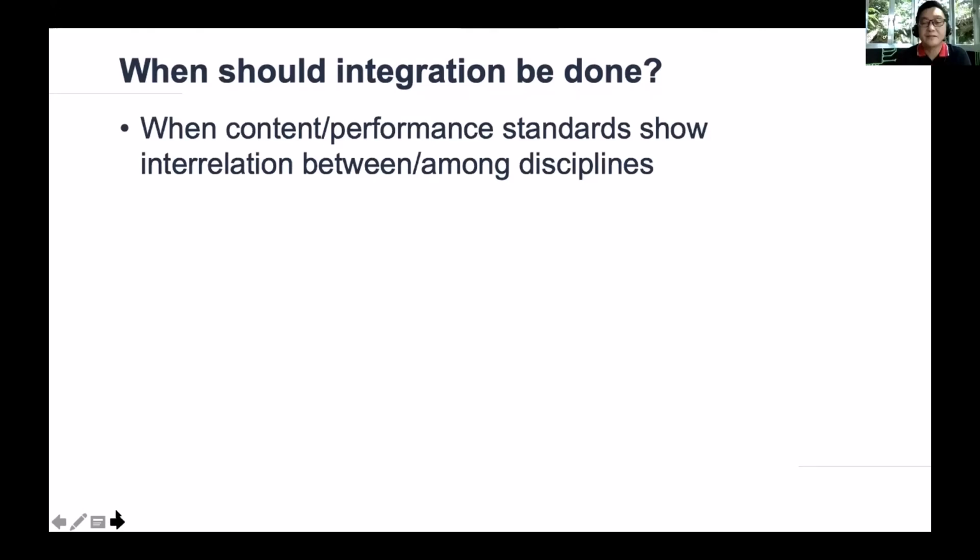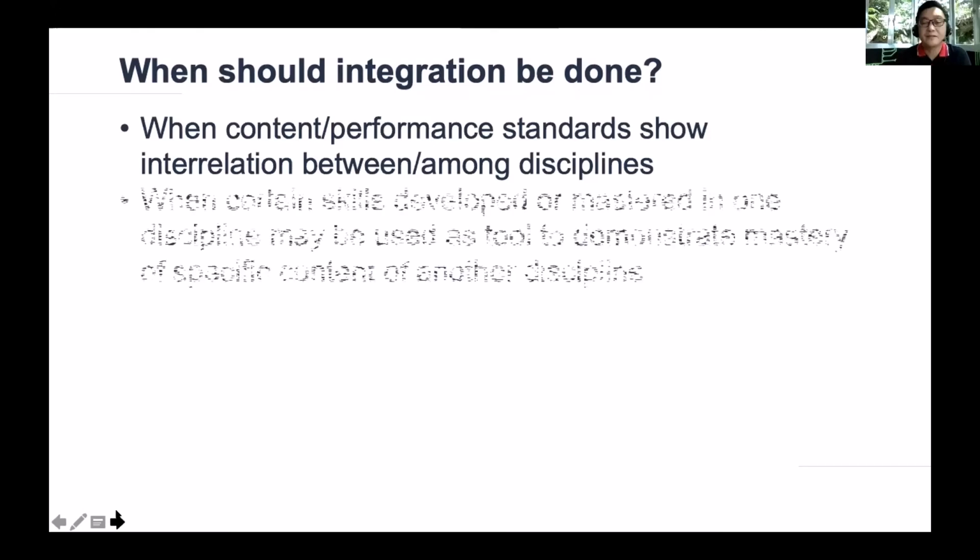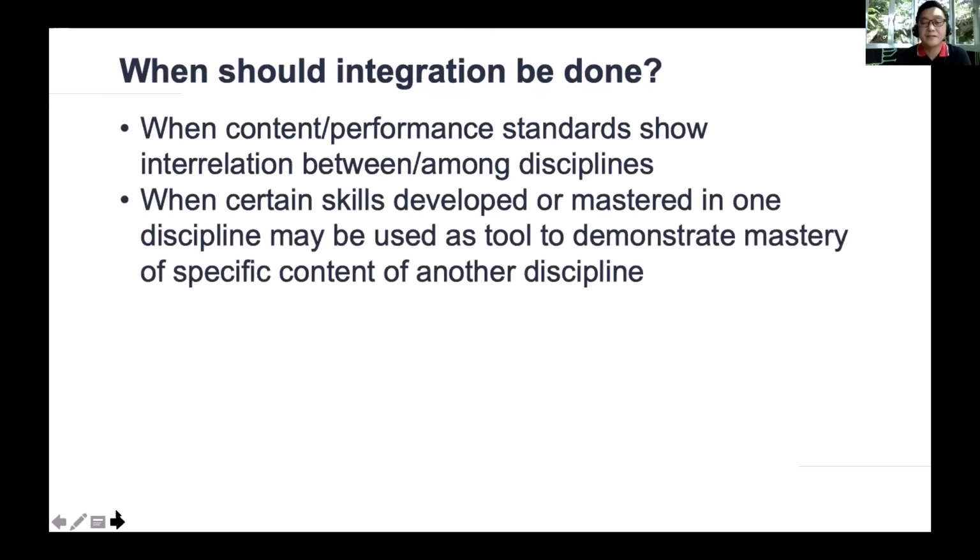Integration may also be done when certain skills developed or mastered in one discipline may be used as a tool to demonstrate mastery of specific content of another discipline, just like a while ago when I mentioned how content learned in Science can be best expressed using the skills learned in English, and sticking to the same theme, of course, of connecting to the world.